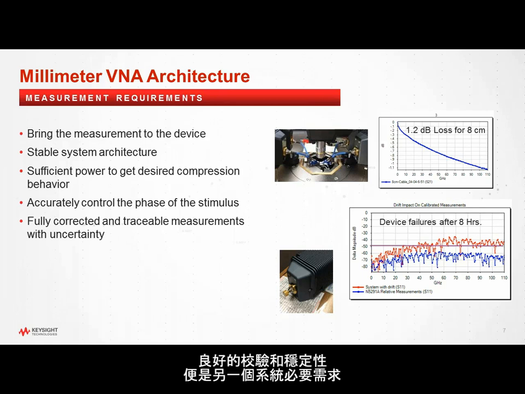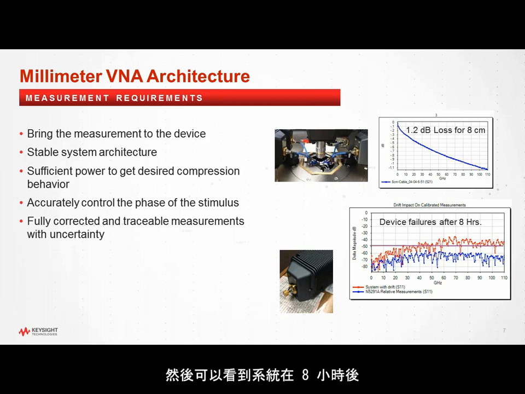One of the things you can see here is a measurement over a 24-hour period, shown after 8 hours, of a device that failed because of a system instability. You have about minus 50 dB as the spec for the device.